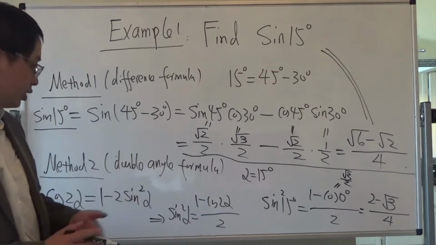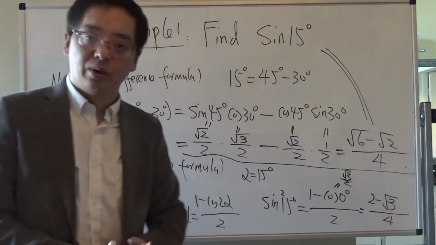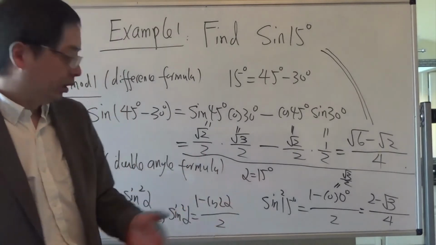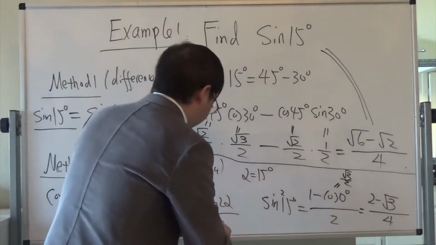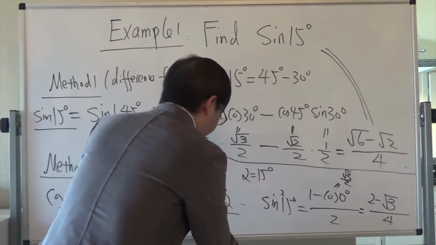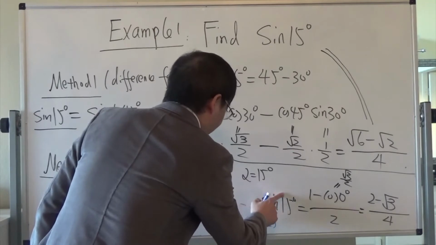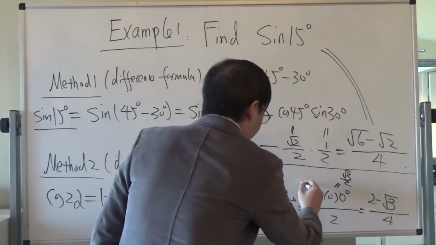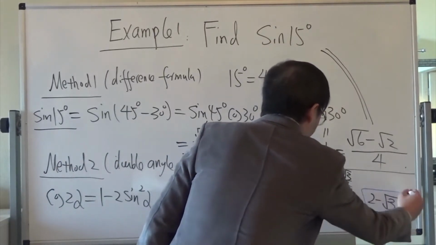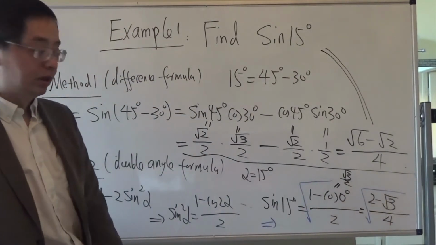And then we just take the square root. Since sine 15 degrees is positive, 15 is an acute angle, so I can take the square root on both sides. This equals the square root of (2 minus the square root of 3) over 4.